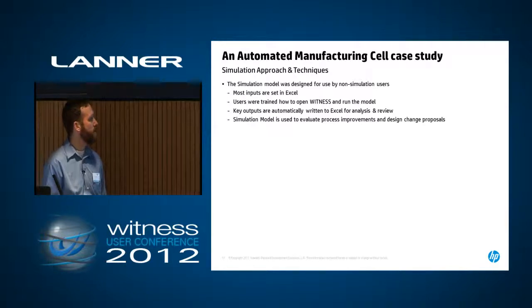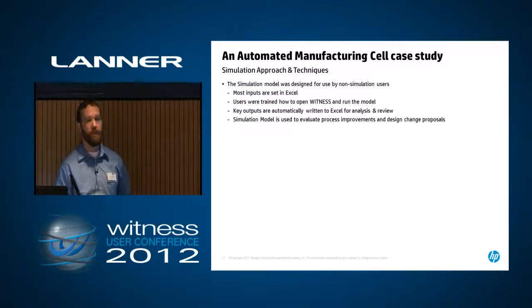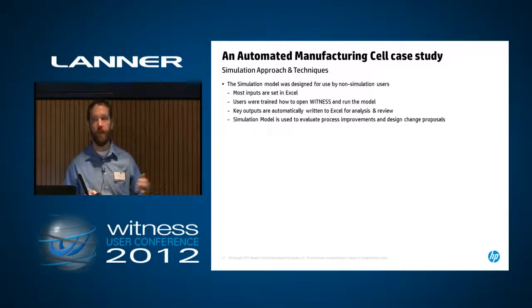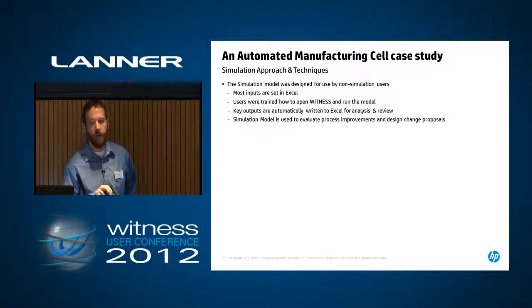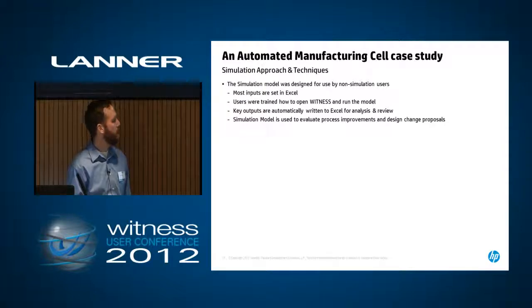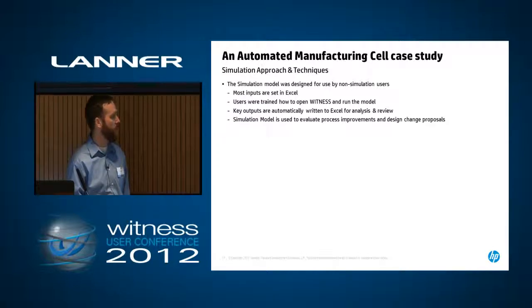And I've trained the users how to open Witness and run the model so they can watch it run and make observations there, or they can just set it to run in batch mode and then look at the output later. So again, the idea here is to evaluate process improvements and design change proposals.